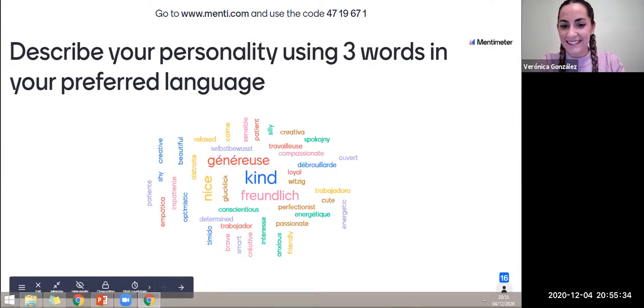Yes. Yay! So we've got lots of languages. Spanish, French, German, English, any other languages that I am not identifying? Okay, so you've probably worked with word clouds before, but the good thing about this is that students get really enthusiastic.